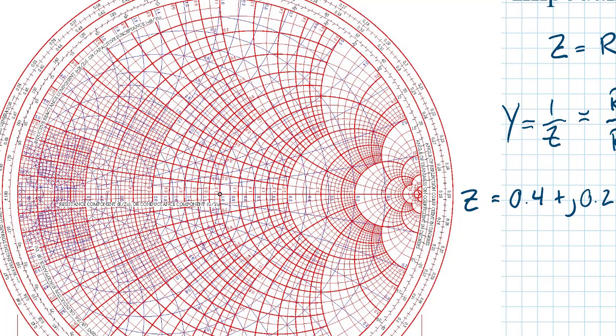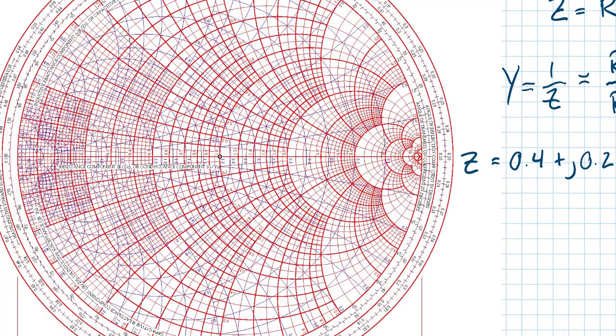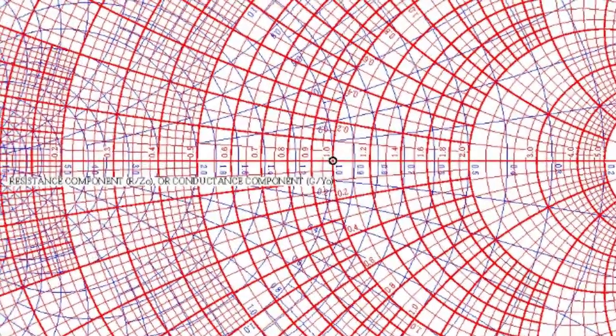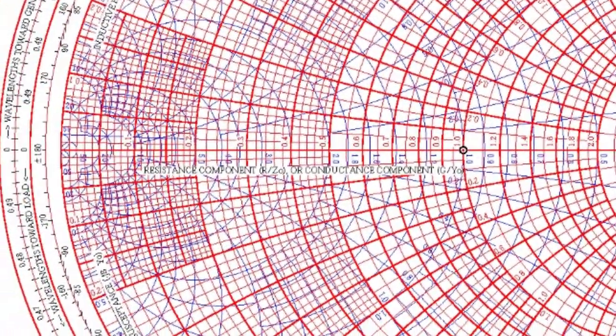What we want to do is plot that on the Smith chart, and we'll be able to see right on the chart the equivalent admittance. So we need to find 0.4 plus 0.2. I think I'll zoom in on the chart a bit so we can read it better.